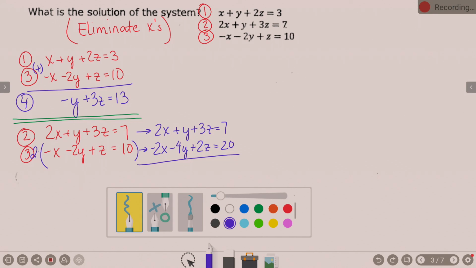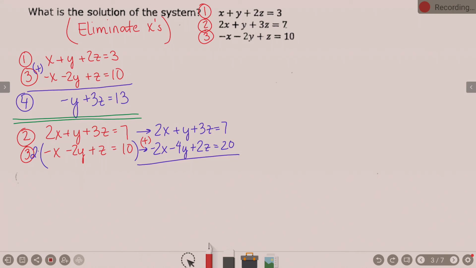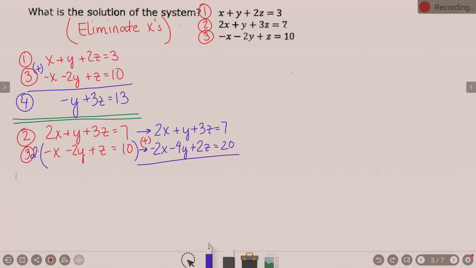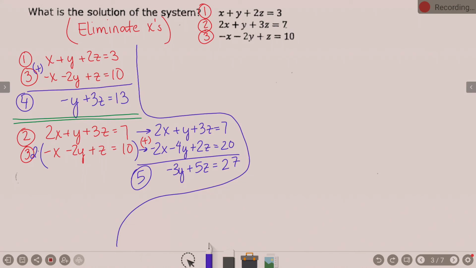Opposite signs tell me to add. 2x plus negative 2x cancels. y plus negative 4y, negative 3y. 3z plus 2z, 5z. 7 plus 20, 27. I am calling this equation 5. What do you remember as the next step? Right, you're going to look at 4 and 5 and decide what you want to eliminate from them.